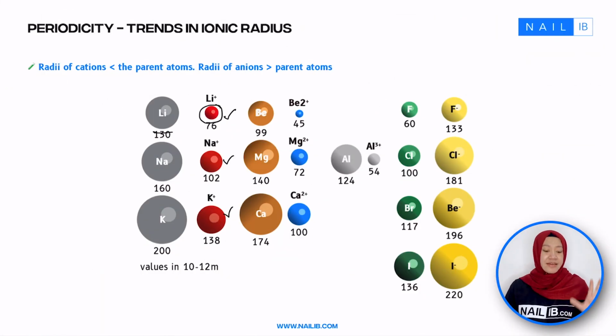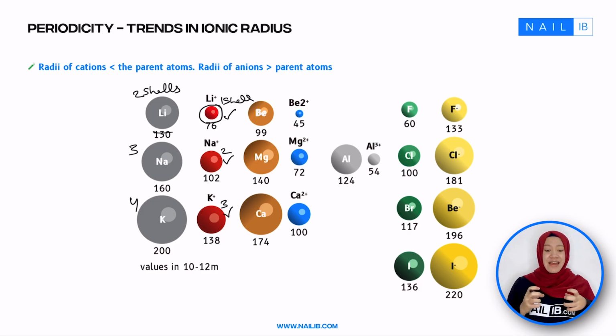So Li, not the ion, has 2 shells, and then Na 3, K 4. When one electron is removed, this becomes 1 shell, this one becomes 2, and this one becomes 3. So the size decreases. Therefore, Li+ is smaller than Li. So an ion, especially a cation, a positive ion, has a smaller size compared to its parent atom.